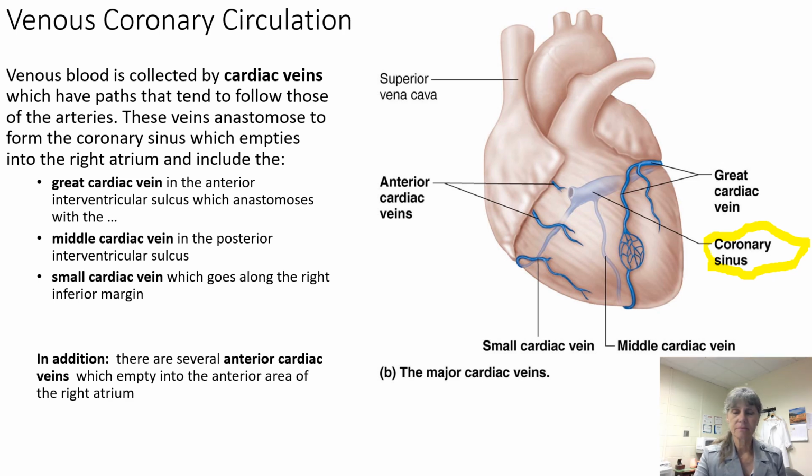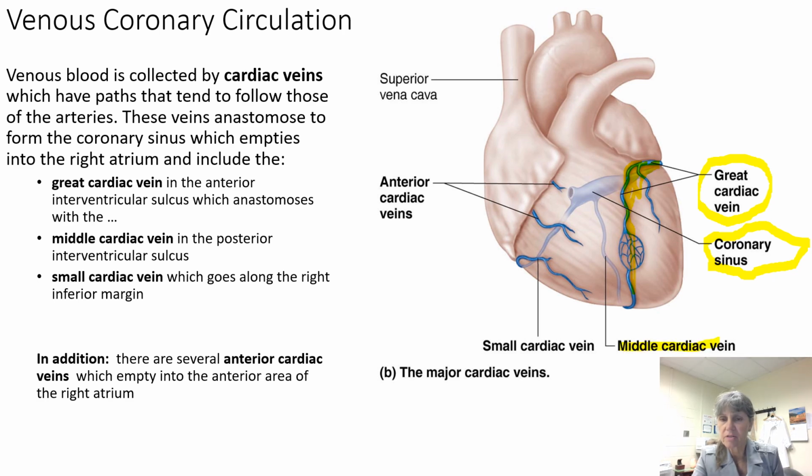Now, we also have the great cardiac vein, which is going to be in the interventricular sulcus with the anterior interventricular artery. And the great cardiac vein will anastomose or merge with the middle cardiac vein, which is right here.